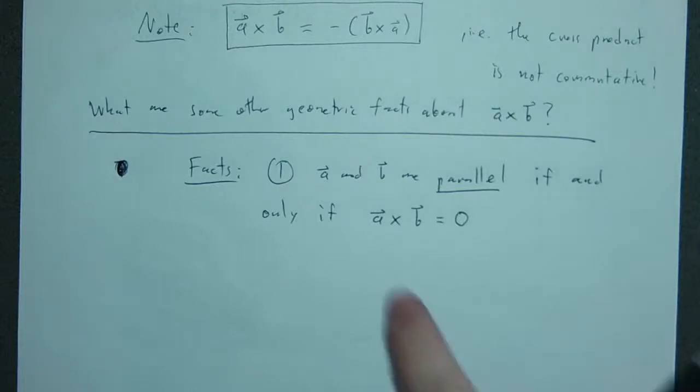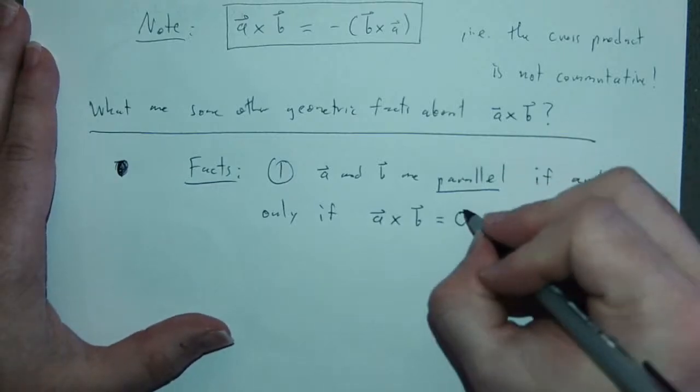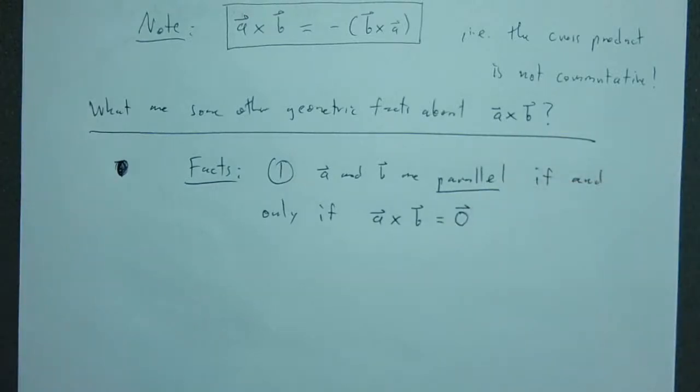Saying that A cross B is equal to 0 doesn't make any sense because 0 is a number. So it's if A cross B is equal to the 0 vector. That's the statement. So now this is true. A and B are parallel if and only if A cross B is equal to the 0 vector. Because A cross B is always a vector. It is not a scalar. But this means that we can talk about triple products.